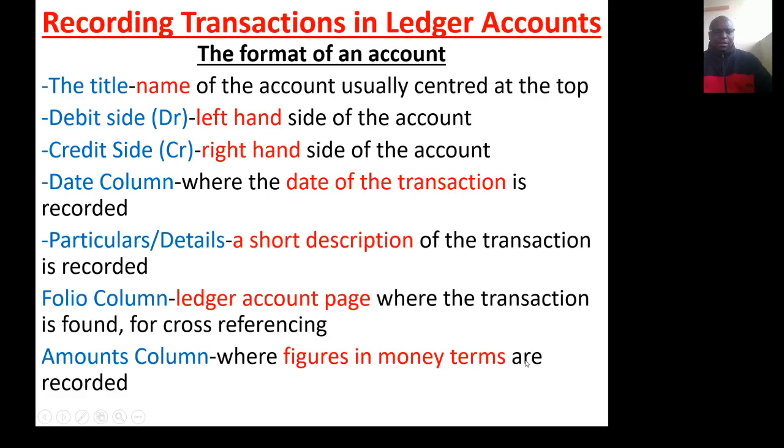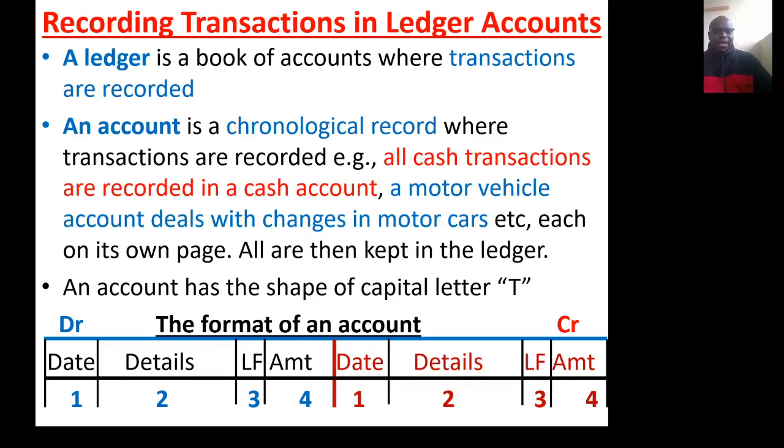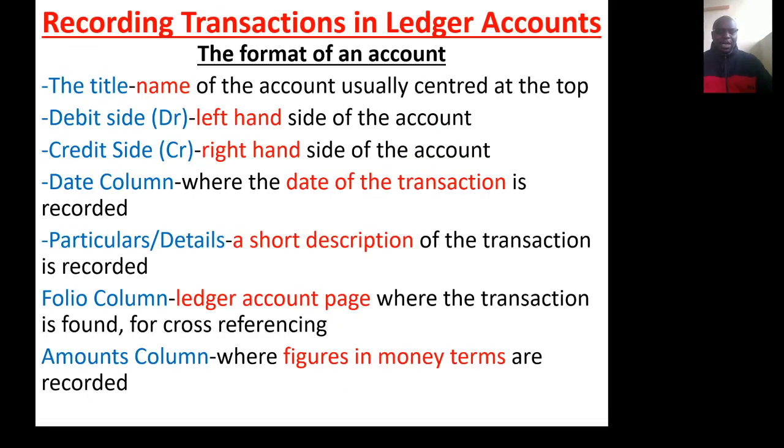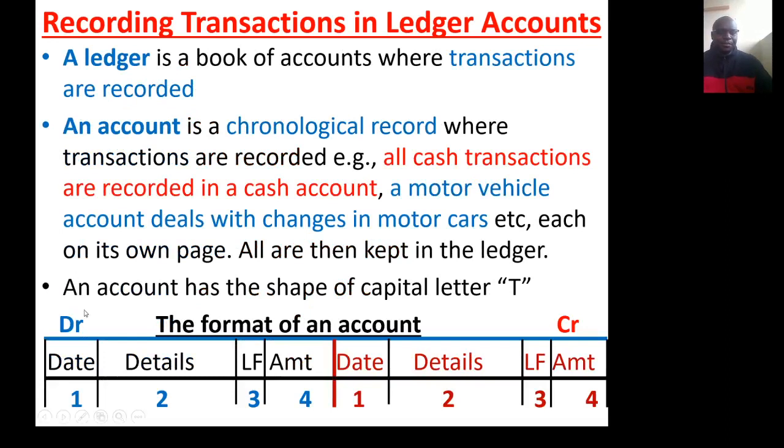We look at the format of an account. At the top, we have the title or the name of the account. It is centered or at the center top. Then we have the debit side on the left with a number of columns.